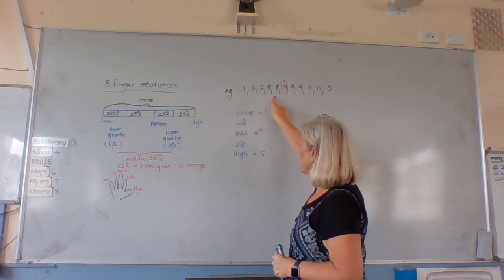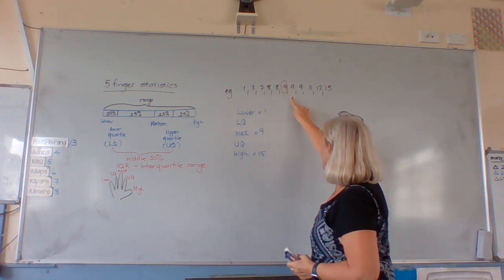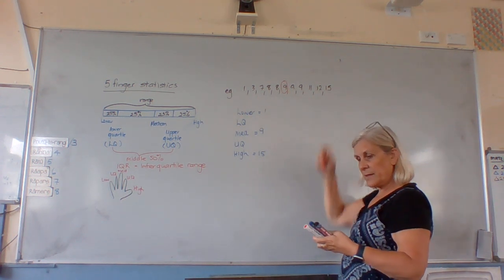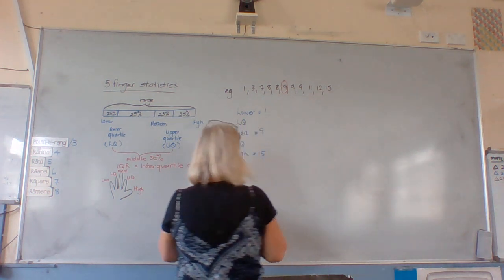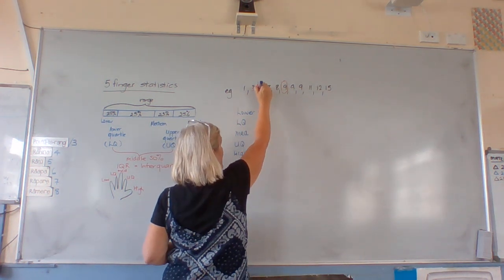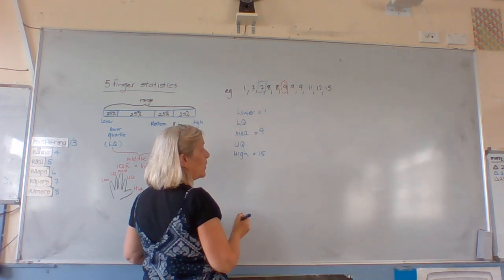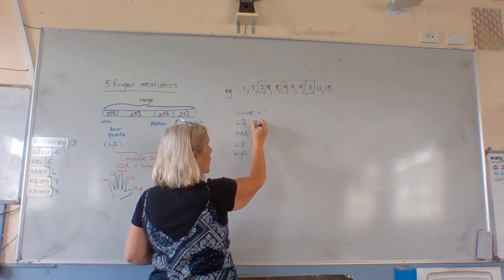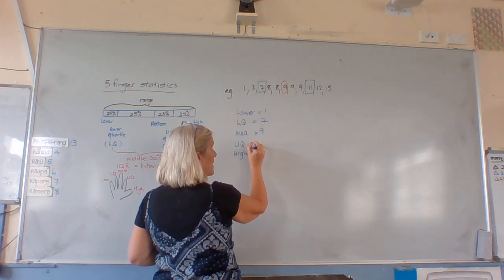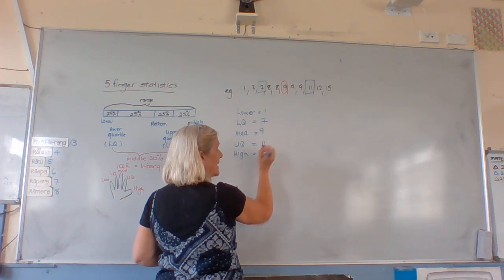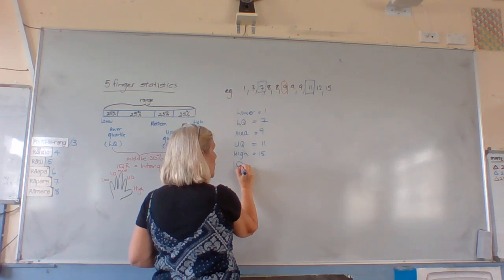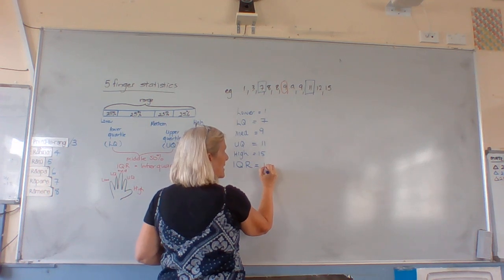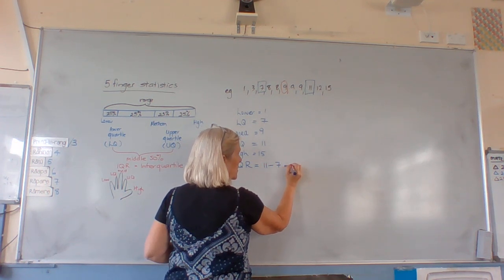So we're looking for the middle of these 5 and the middle of these 5. All right? So the middle of the bottom is 7. There's 2 above and 2 below. The middle of the top is 11. So the lower quartile is 7. The upper quartile is 11. The interquartile range is 11 minus 7 equals 4.